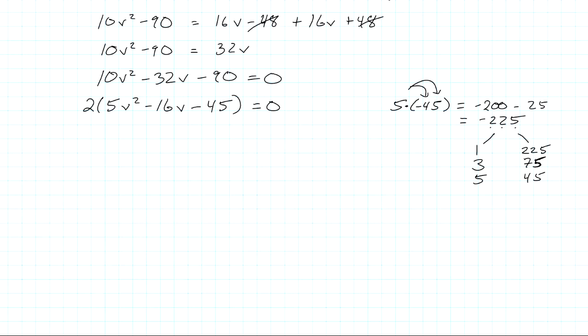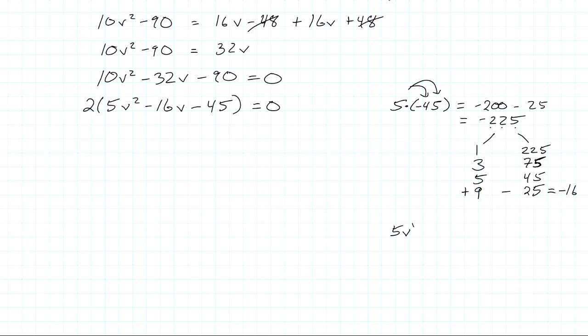So 7 doesn't go into 15. So 7's not going to work. 8's not going to work. 9 will work. And if I multiply 3 by 3, I get 9. So if I divide 75 by 3, I'll get 25. And I can stop right here because 25 minus 9 is 16. Or I'll say negative, or plus 9 and minus 25 is negative 16.